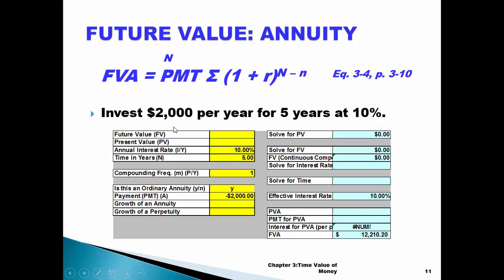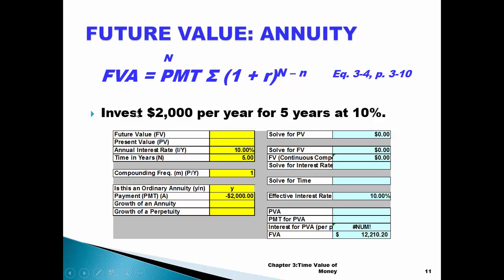So we don't know future value or present value. We're going to solve for that, for future value. Interest rate's 10%. The time is 5. Where it says payment, PMT or A for annuity, negative $2,000 is the investment, because we're going to have a cash outflow every year. Compounding frequency equals 1, which makes it every year.